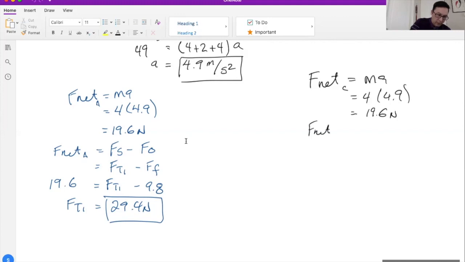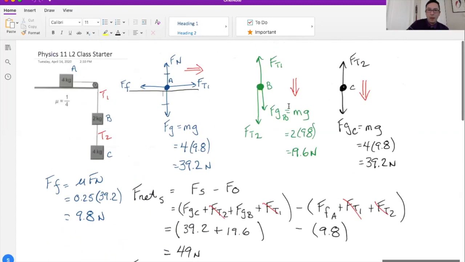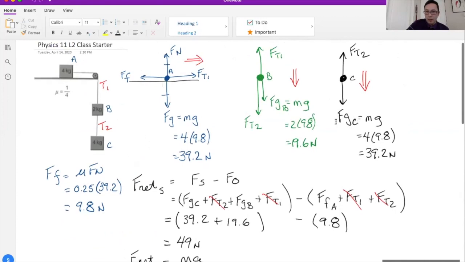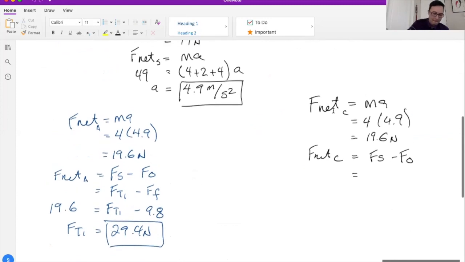Fnet for object C is forces supporting minus forces opposed. Let's make that neater. Supporting force in this case is the one that's downwards. Let's go back up here and look. See, force gravity is supporting, and force tension 2 is going to be opposing. This is 19.6.